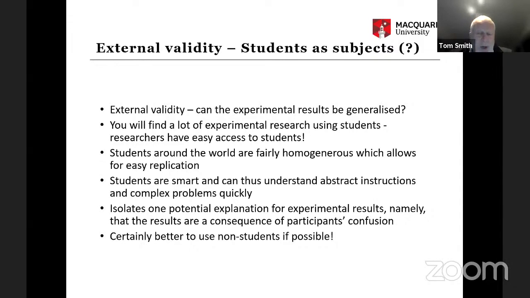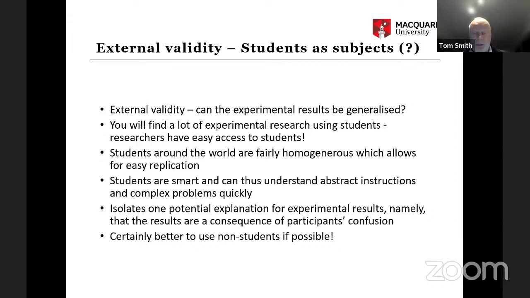So that isolates one potential extraneous event, that is participants' confusion, right? You've got smart people as subjects. They can quickly understand the instructions you give them and the complex problem you've given them. So that eliminates confusion that others might have.